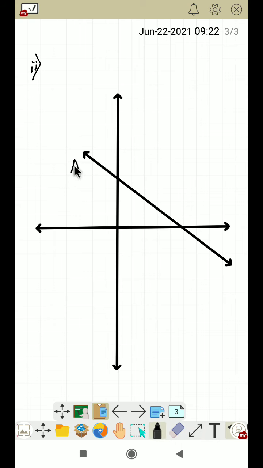This is A and this is B. Similarly, this angle is 90 degrees and these two sides are equal. That means this triangle is also an isosceles right angle triangle. So this angle is 45 degrees and this angle is also 45 degrees.